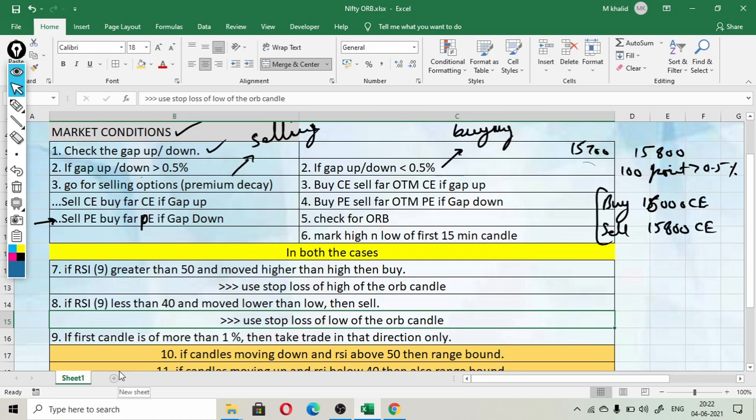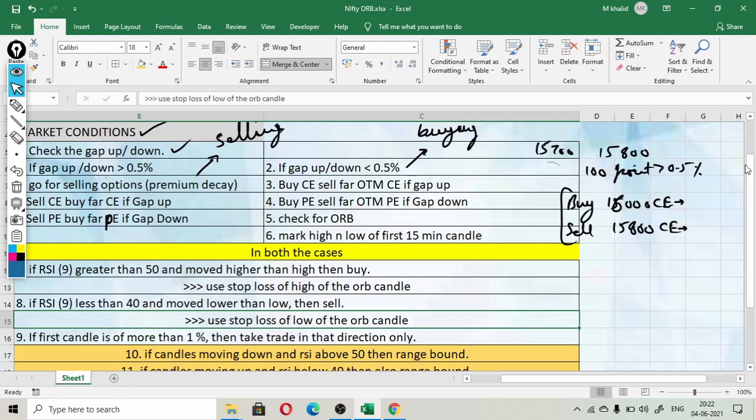This 16,000 call will be at a lower price, and the 15,800 call will be at a higher price, or its premium will be higher. Suppose one is at 50 rupees and the other near about 100 rupees, just for example. So you will get the benefit of premium decay if it comes down.